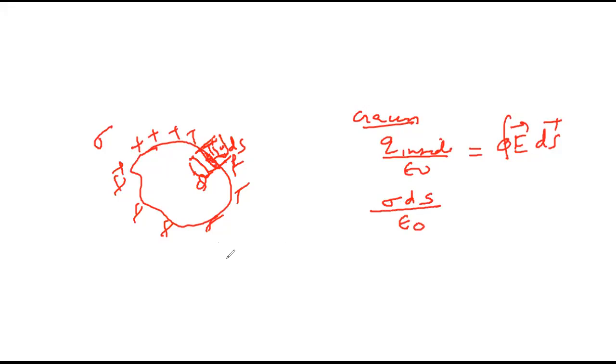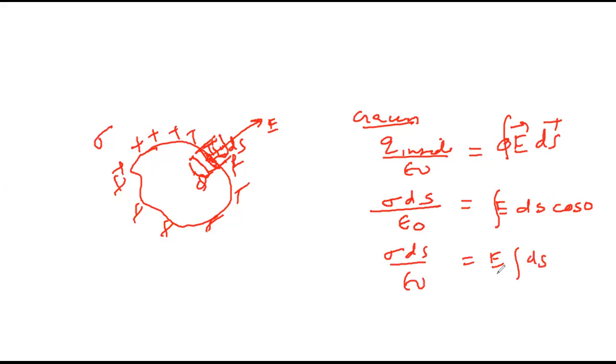Yes, sir. Okay, and this is E acting outward for positive charge, so it will be E ds into cos of 0. That means sigma ds upon epsilon is E into ds. Cos 0 is 1.